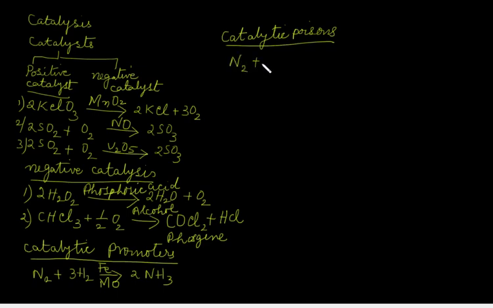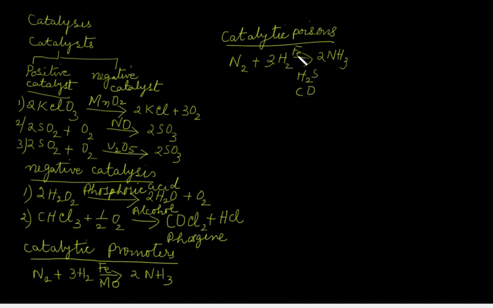Nitrogen reacts with hydrogen to produce ammonia. Iron is the catalyst, but traces of hydrogen sulfide or carbon monoxide can retard the activity of the catalyst. Hence they are called catalytic poisons.